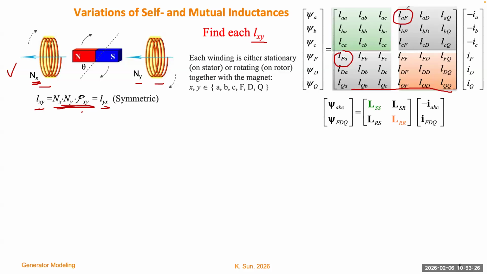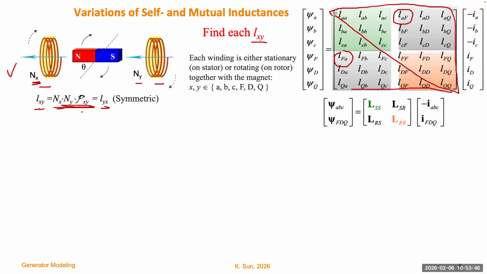So this matrix has to be a symmetric matrix. So we only need to determine the top triangle elements. If we know everything in the triangle, we also know the other side of the matrix.